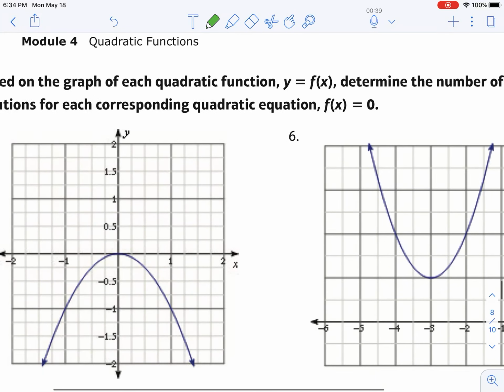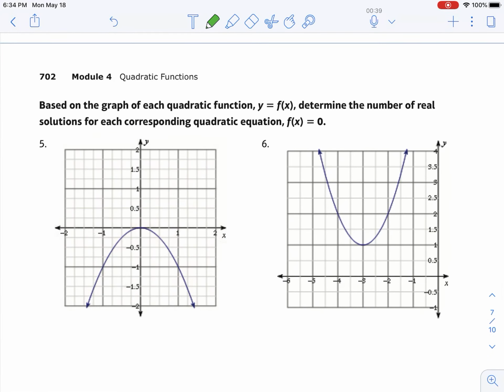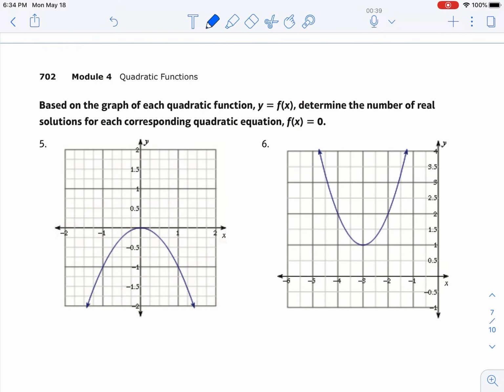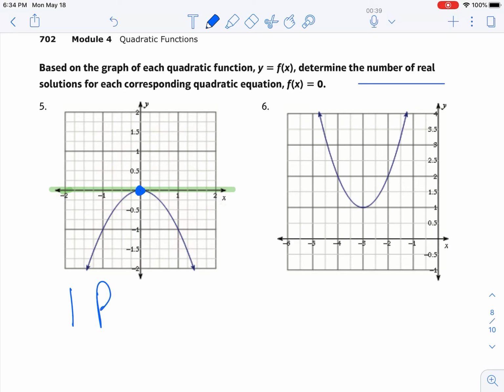All right, for these other 4 problems, based on the graph of each quadratic function, y equals f of x, determine the number of real solutions for each corresponding quadratic equation. So what you're focusing on is your x-axis, and does your graph touch it? Because the vertex is at the x-axis, well, here there's one real root, we'll call it, which is at x equals 0.